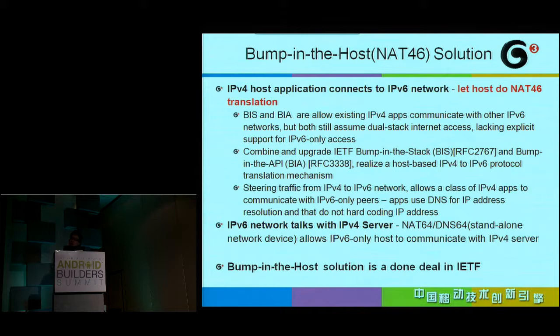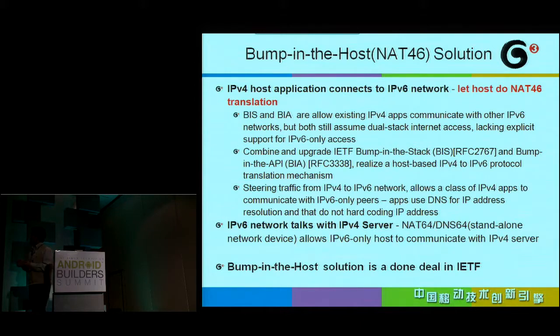The key point is to have a bump in the host, and let the host do NAT46 translation. There are actually two existing solutions for this. One is BIS and another is BIA: Bump in the Socket and Bump in the API. But these two solutions require dual stack internet access.